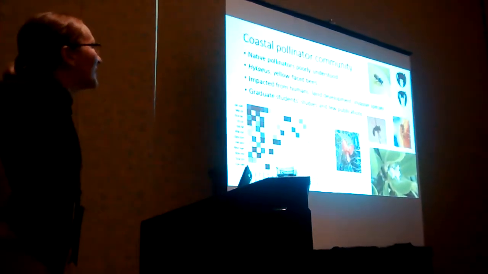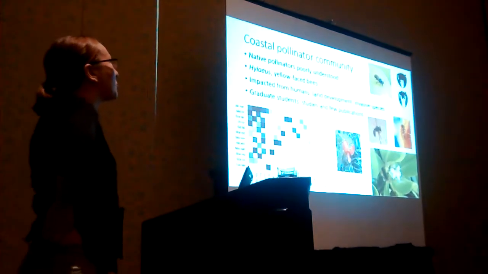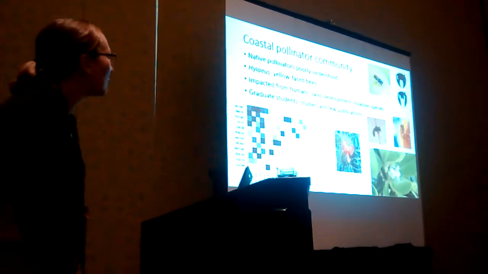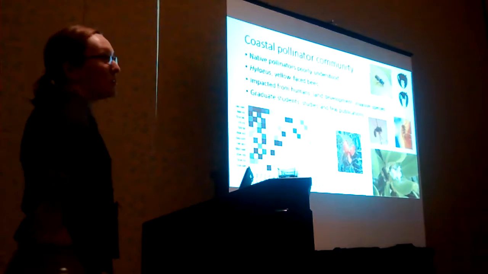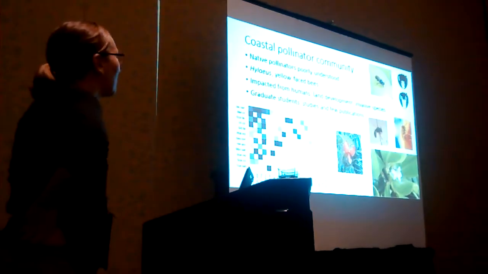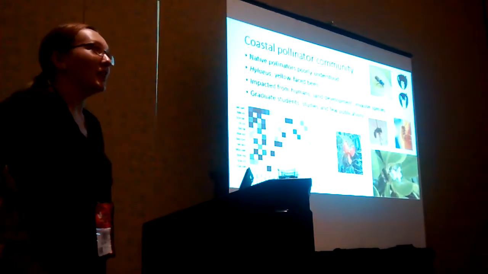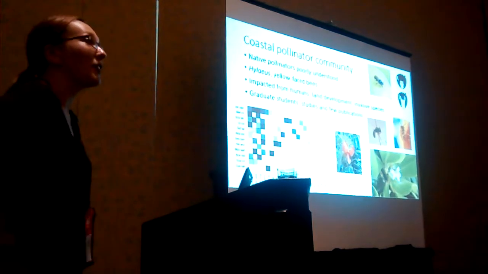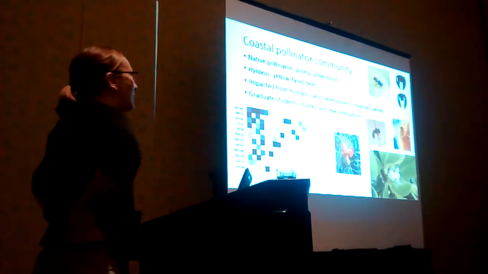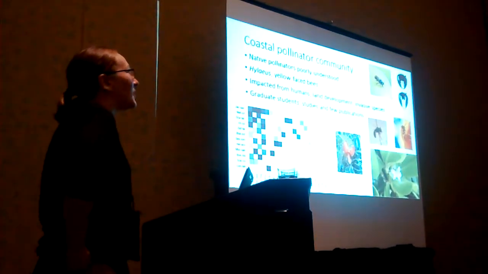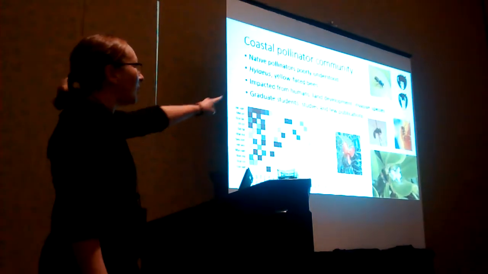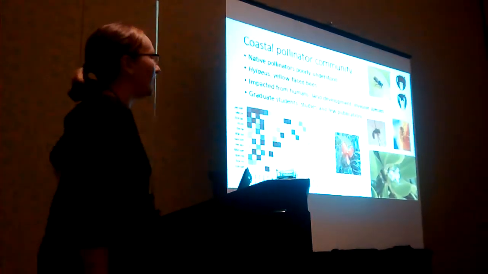So I'd like to introduce you a little bit to what the coastal pollinator community looks like too. Again, it's poorly understood. We do know there's a native set of bees called Hylaeus, the yellow-faced bees. As you can see, they're just the cutest bee ever. They're the top right picture there.